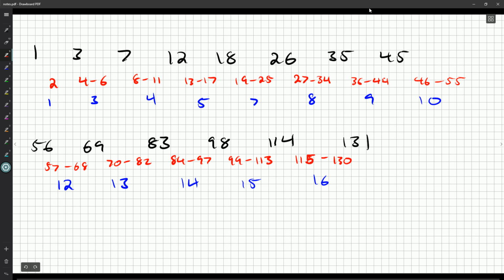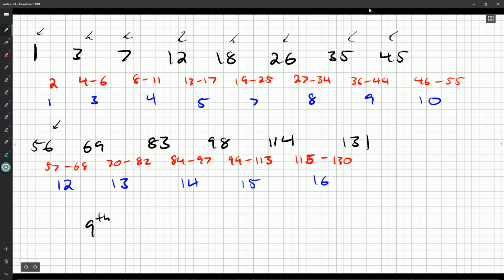Now, suppose I want, let's say, the 9th term in my GEB sequence. Suppose I want the 9th term, which we can count 1, 2, 3, 4, 5, 6, 7, 8, 9. How am I going to get this 9th term?